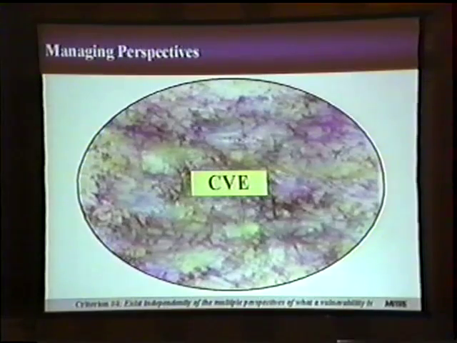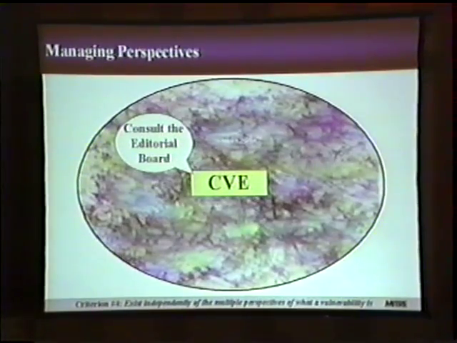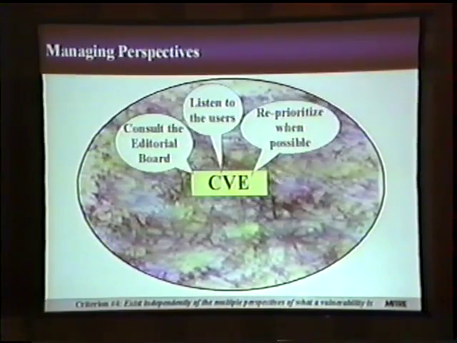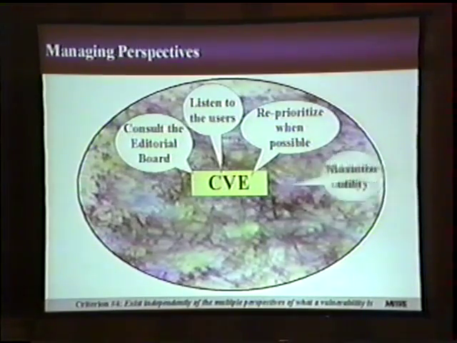So how do we try and manage all of that? Well, we consult the editorial board. They're a good cross-section of the community, and they're smart, and they like to argue. We listen to the users as much as we can, and I'll be glad to talk to anyone after this. We reprioritize when possible. Every time we have an editorial board meeting, every time we go to a conference, we reevaluate the direction that we're headed in.